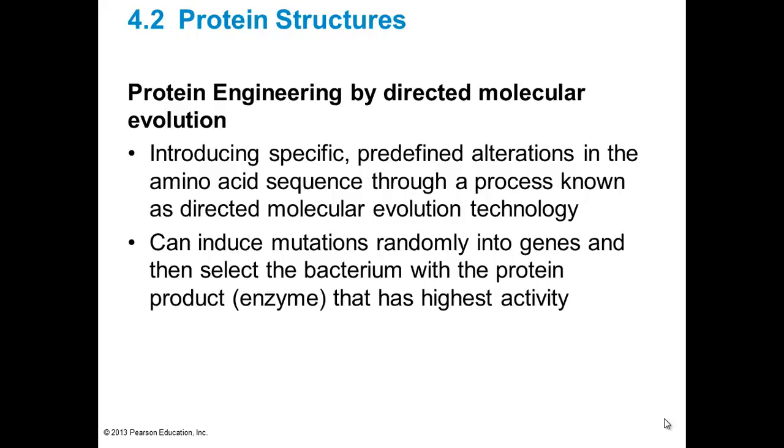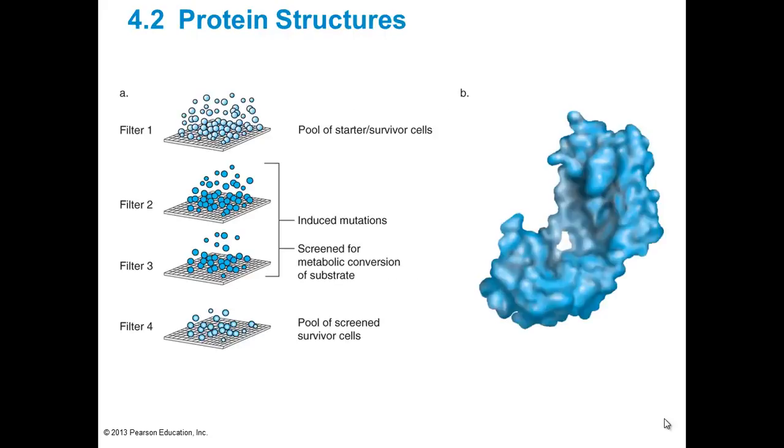Once you do random mutation, then you've got a multiplicity of clones. You don't have a single directed clone, but you have a multiplicity of clones that need to be expressed, and then you'll have a variety of proteins that you can test all together to see which one has the best activity.